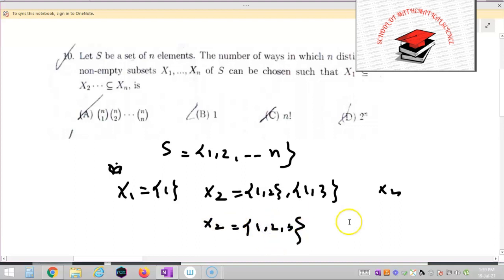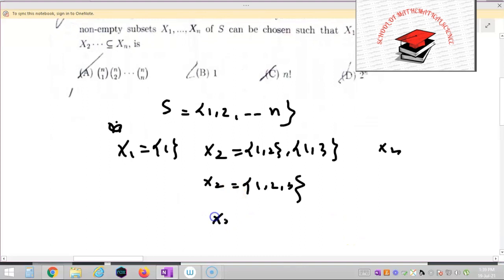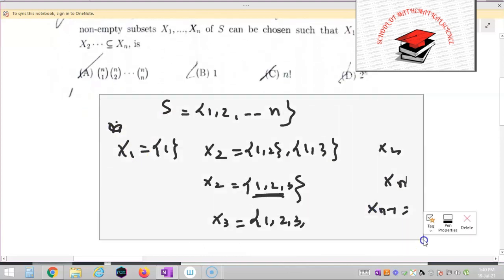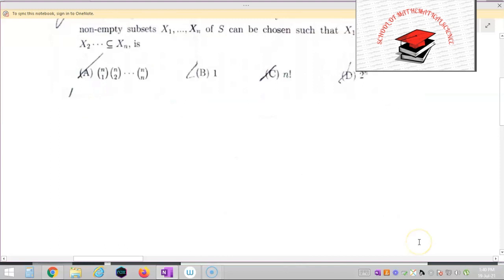Then what about x3? x3 is not equal to x2, and x3 must contain these 3 elements, 1, 2, 3, and a superset of these. If we process this inductively, you cannot get xn unless at some stage xn minus 1 contains all the elements. So that's why x1 must contain 1 element, x2 must contain 2 elements, in such a way that xn contains n elements.